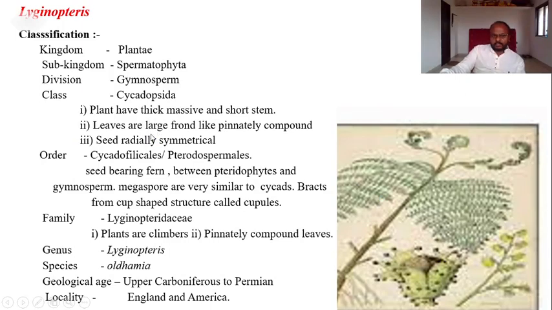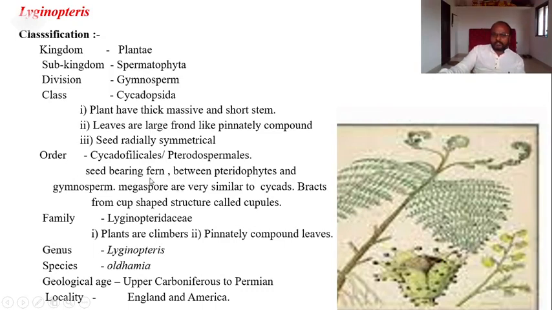Here this is the reason, because the plant has a thick, massive and short stem like cycas. Leaves are large, frond-like and pinnately compound, also like cycas, and the seeds are radially symmetrical. So all these characters are related to the gymnosperm, particularly the cycas, and therefore the class of this plant is Cycadopsida.